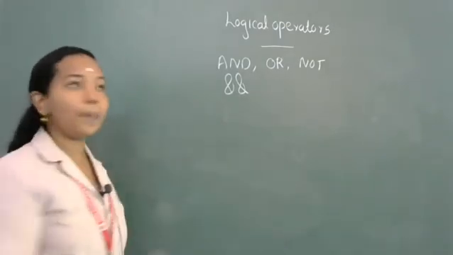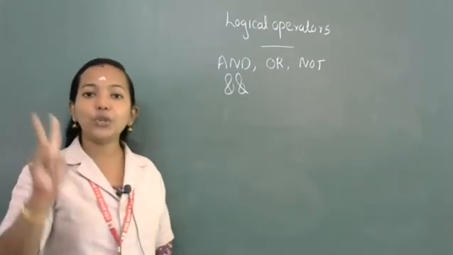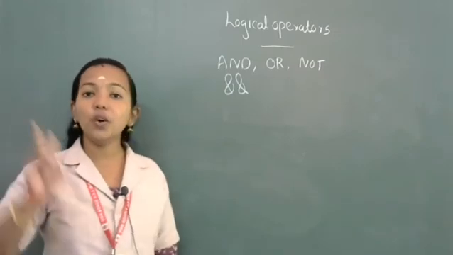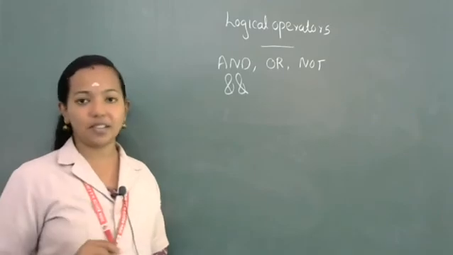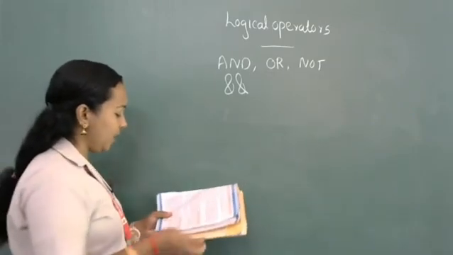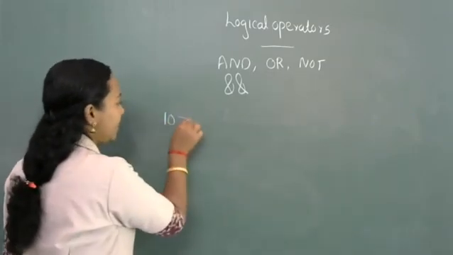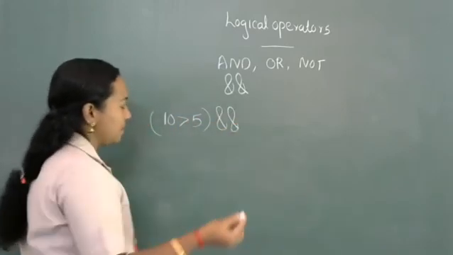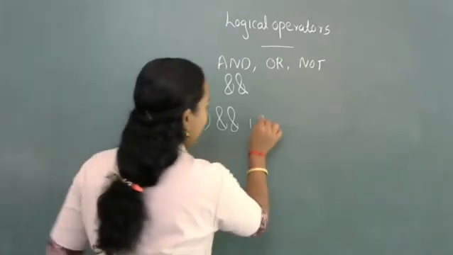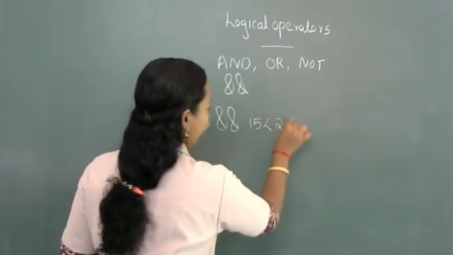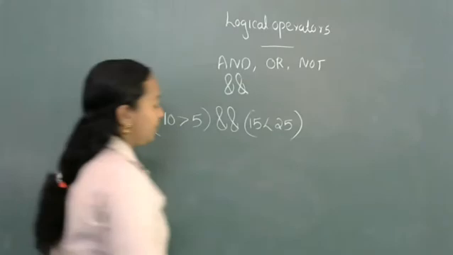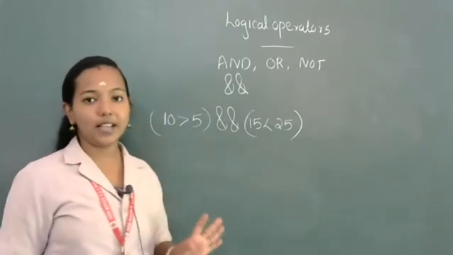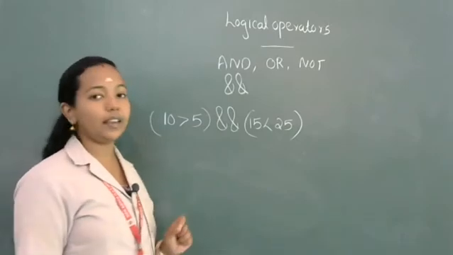Actually logical operators are used to combine two relational expressions. So we can write the condition 10 greater than 5 and 15 less than 25.